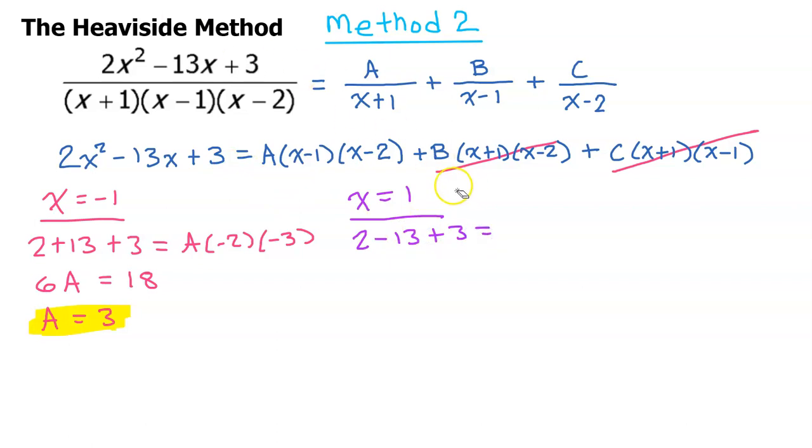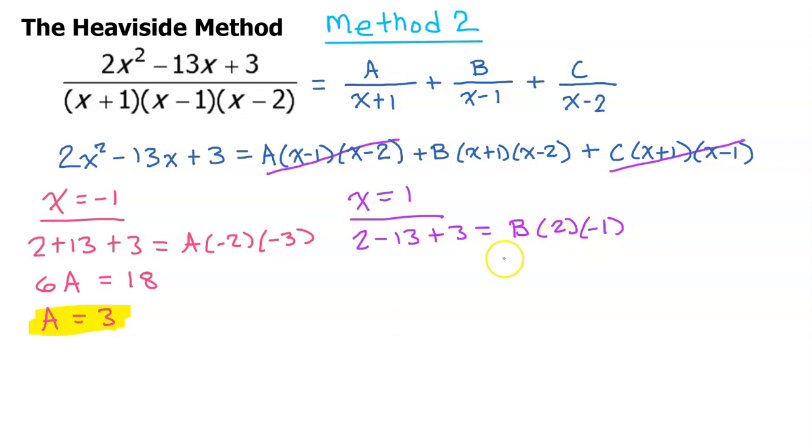This will equal, so remember, any term that has x minus 1 in it will go to 0. So I see the x minus 1 right here, so that's going to be 0. And I see the x minus 1 here, so this is going to go to 0. That's going to leave b times 1 plus 1 is 2, and 1 minus 2 is -1.